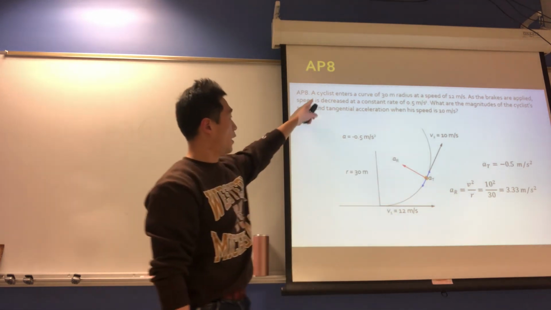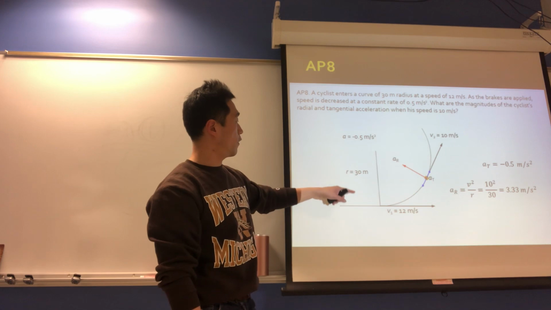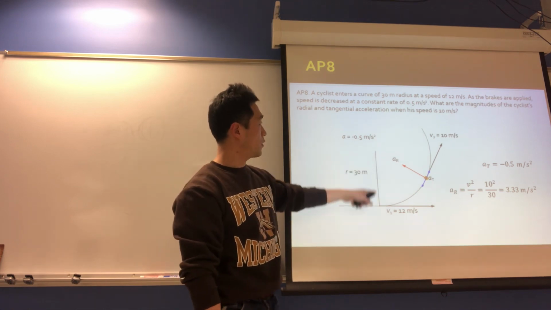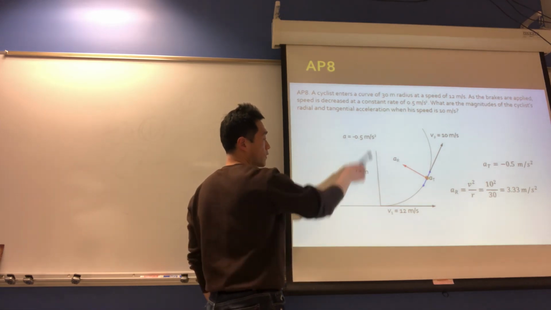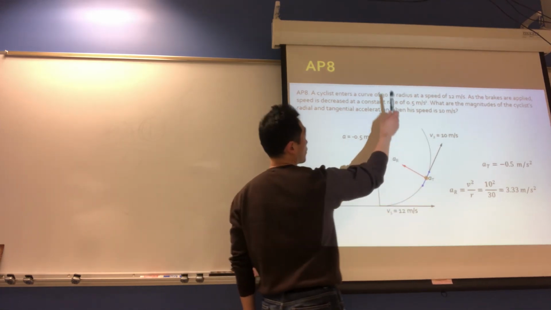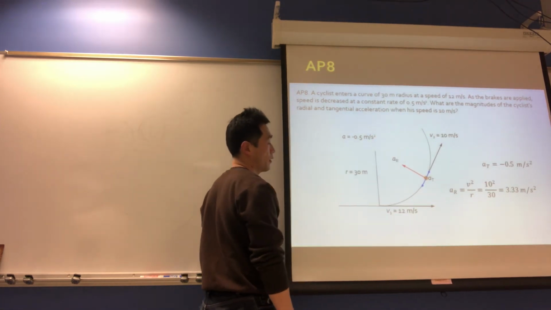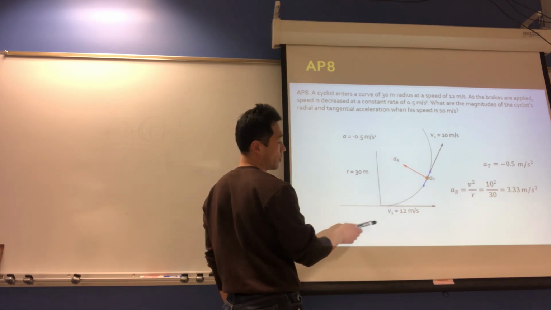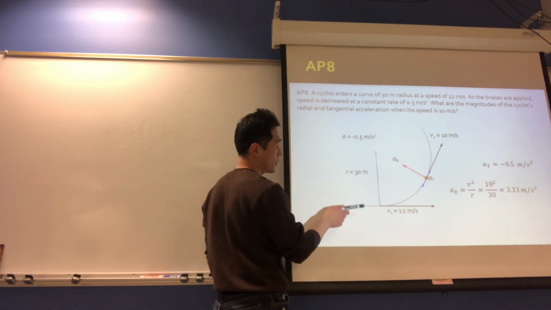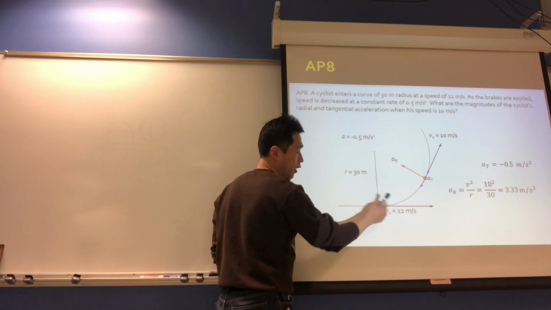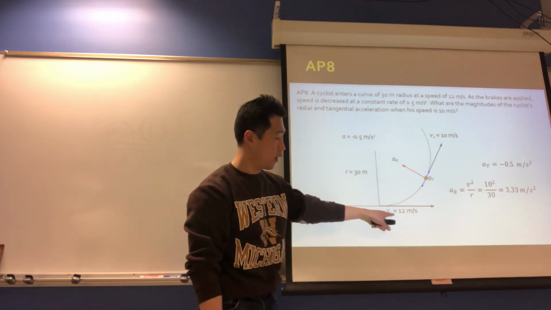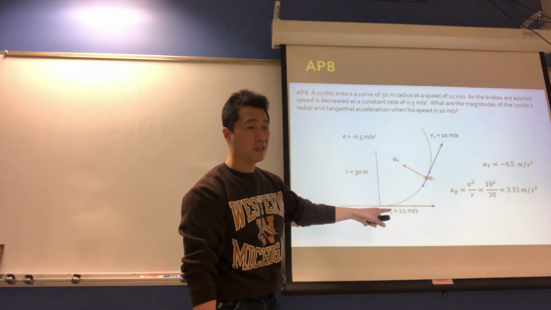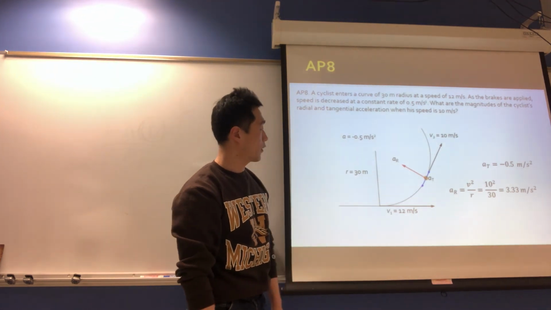The cyclist enters a curve of 30 meters radius at a speed of 12 meters per second. The radius of this circle is provided, 30 meters, and when he enters this curve his velocity is 12 meters per second. So V1 is his initial linear velocity.